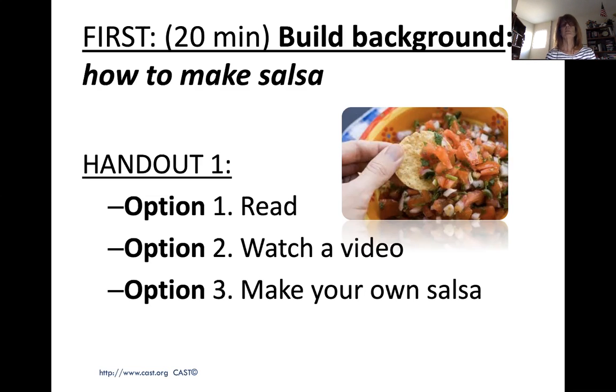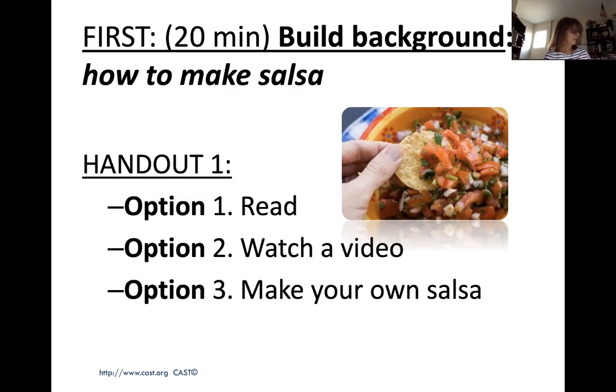The first option is to read. So in this handout, there is a narrative that tells you exactly how to do it in words. The second option is for you to watch a video. That's pretty outstanding, right? And the third option, wouldn't this be fun, is to make your own salsa in class. Pretty awesome.